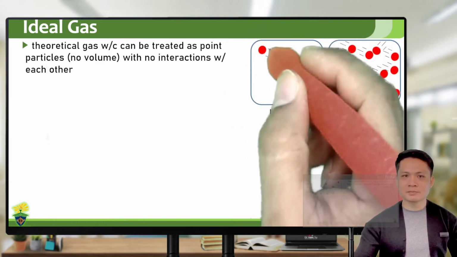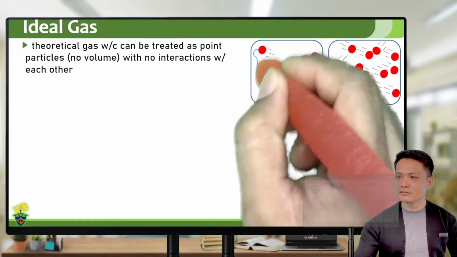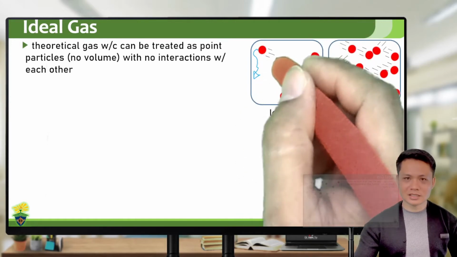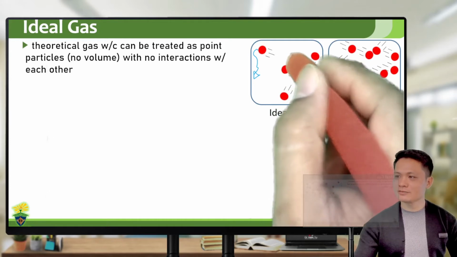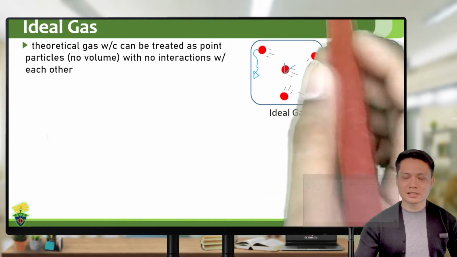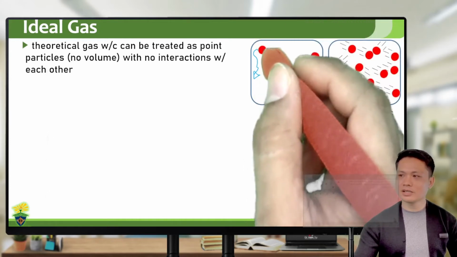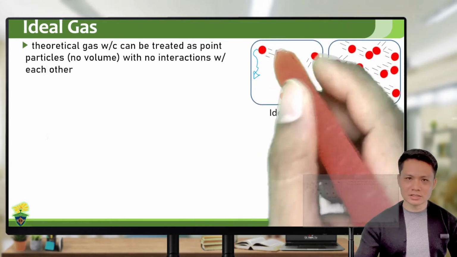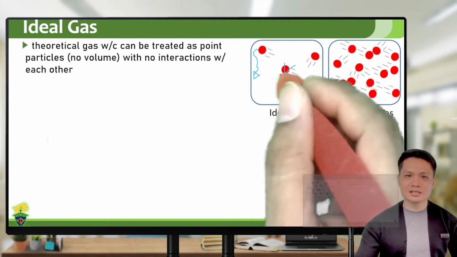Ideal gas particles move around in that volume without considering the presence of other particles. And as they move, they are just moving around, hitting the surface of that boundary without necessarily interacting with other objects.